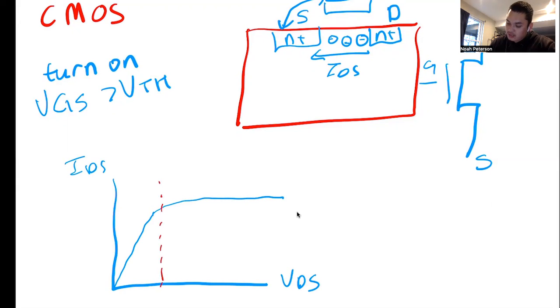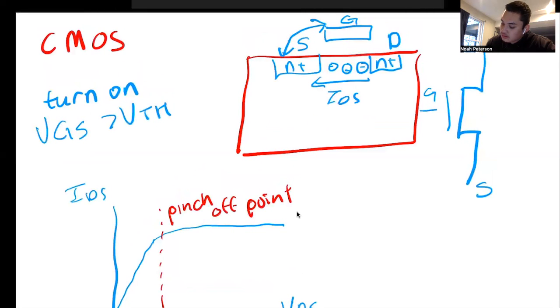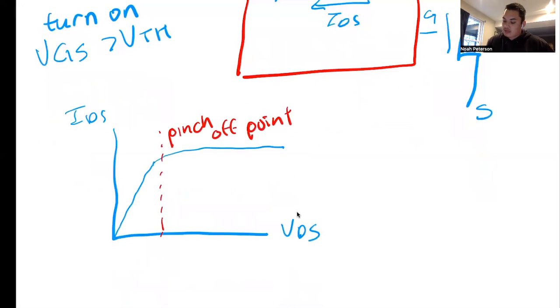At that point, where it begins to plateau, they call it the pinch off point. And when you have a voltage across the gate and source, what this ends up looking like is a density looking like that, and the pinch off point occurs where it begins to plateau.